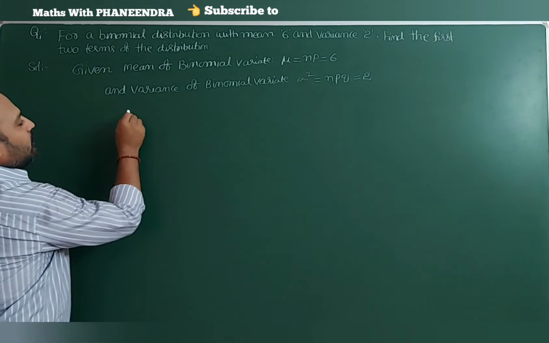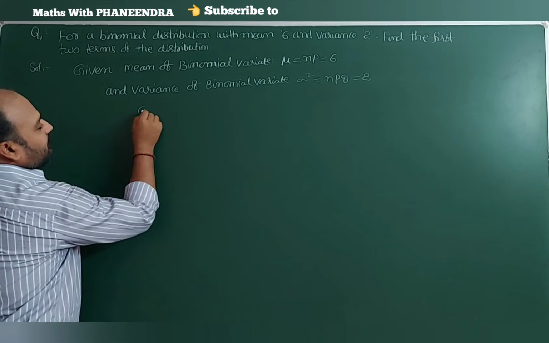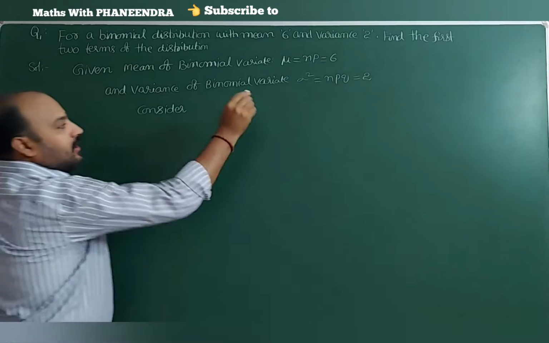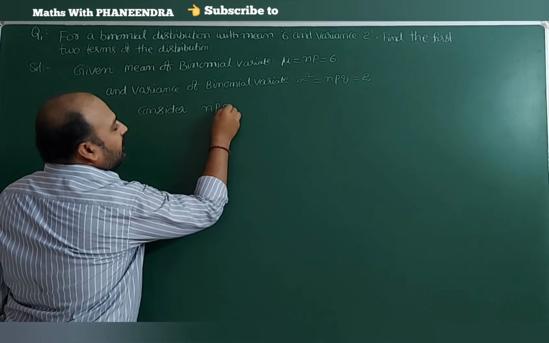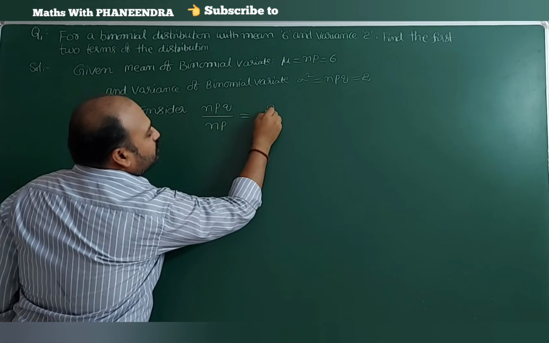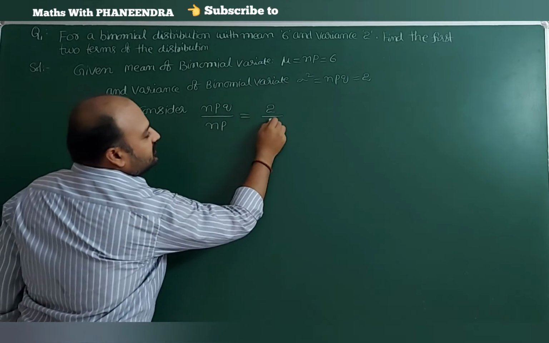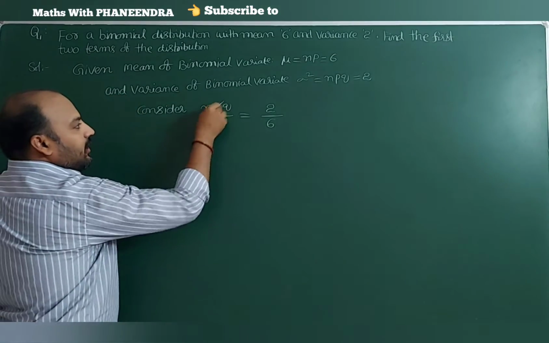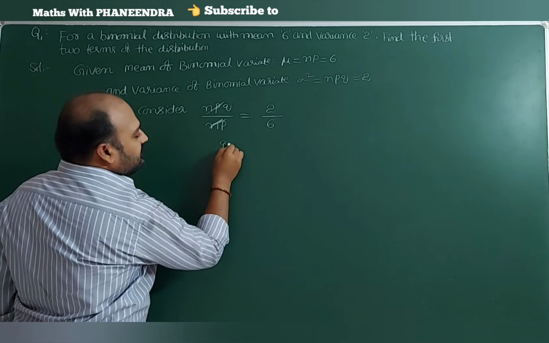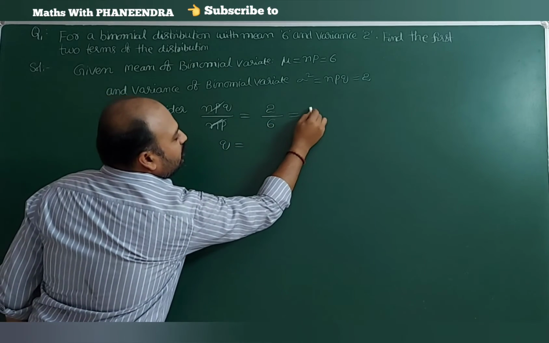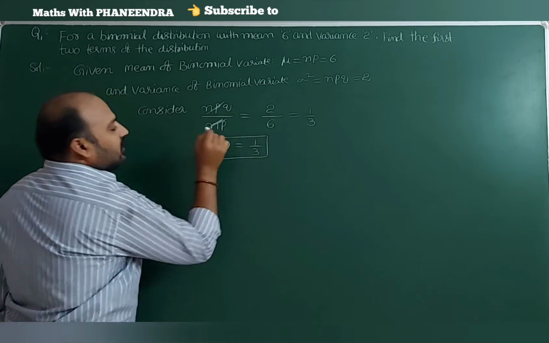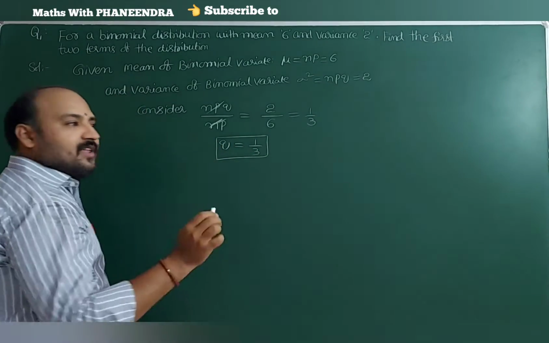From that, consider npq divided by np. The npq value is 2, by np value 6. np gets cancelled. So here q is equal to 2 by 6 is equal to 1 by 3.